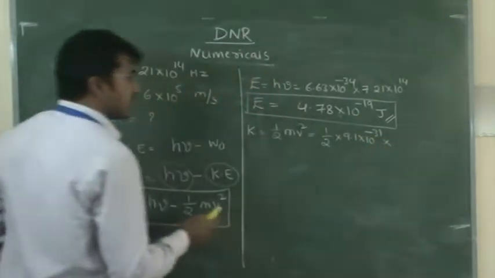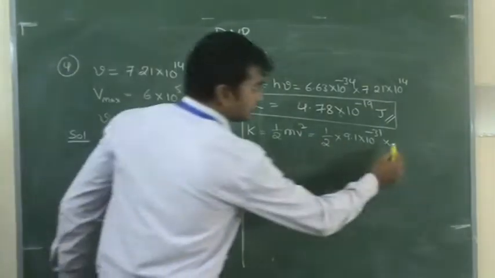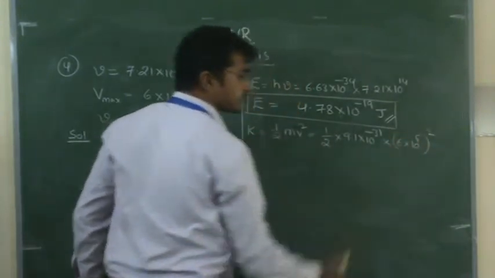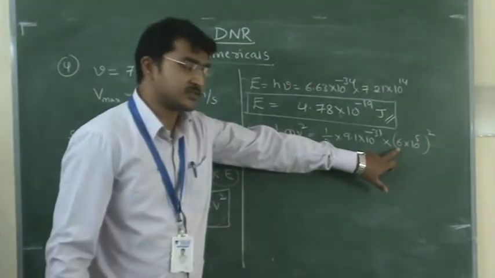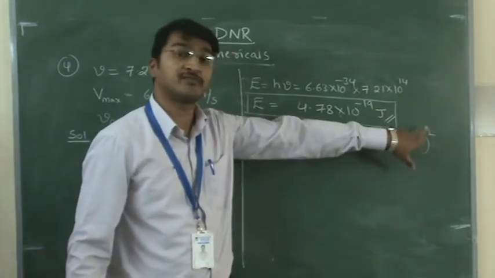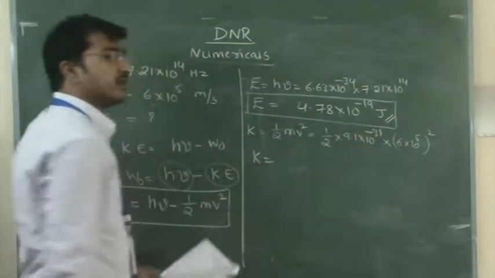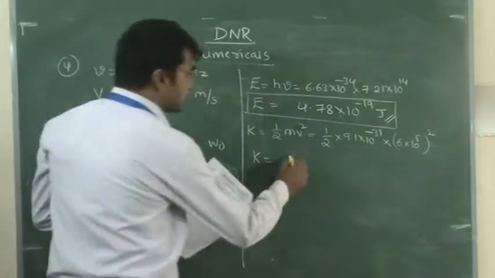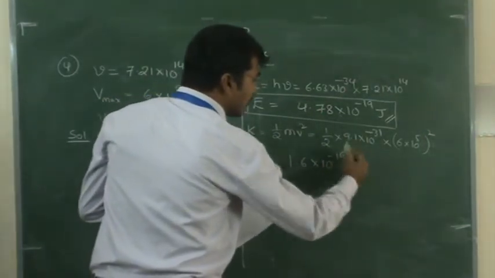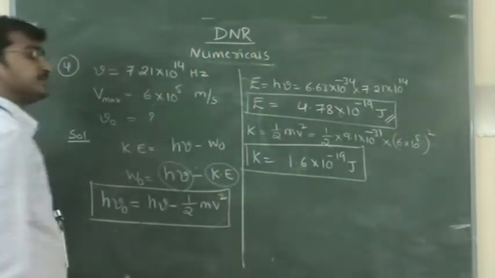Velocity, what is velocity here? 6 into 10 to the power of 5, but whole square. While squaring, 6 becomes 36, and 10 to the power of 5 whole square becomes 10 to the power of 10. By calculating everything, you will get the kinetic energy as 1.6 into 10 to the power of minus 19 joules. This is the kinetic energy.